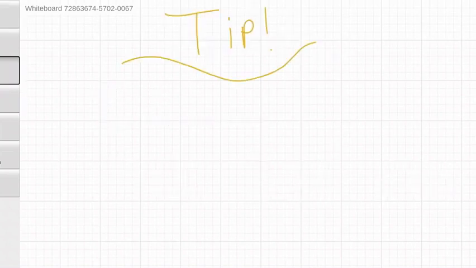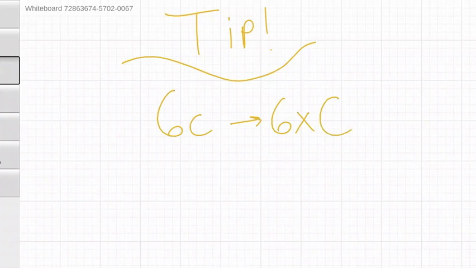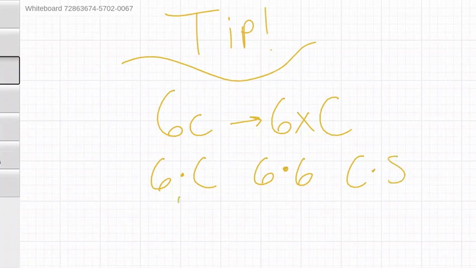And here's a tip. If you see a number and a letter very close to each other, then that means that they are being multiplied together. And if you see a dot in between a number and a letter, or a dot in between a number and another number, or a dot in between a letter and a letter, then that means that they are also being multiplied together.